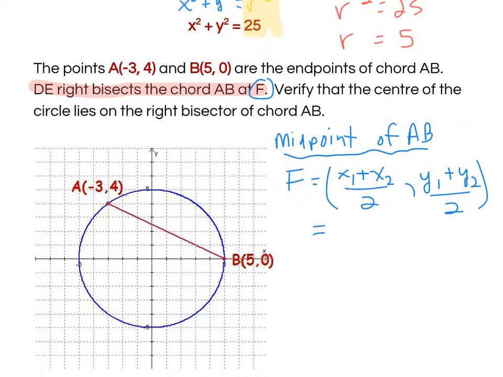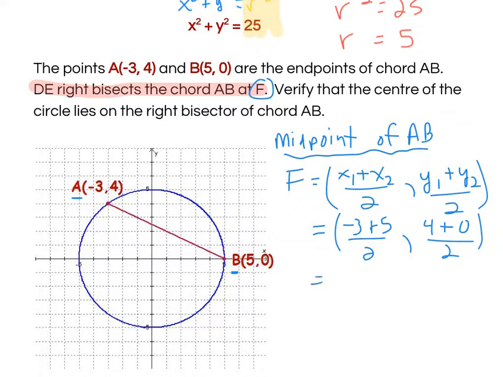All right, so I'm going to plug these in. I'm going to choose A as my first coordinate and B as my second coordinate. So x1 is -3 and x2 is 5, so plus 5 divided by 2. And y1 is 4, plus 0, divided by 2.